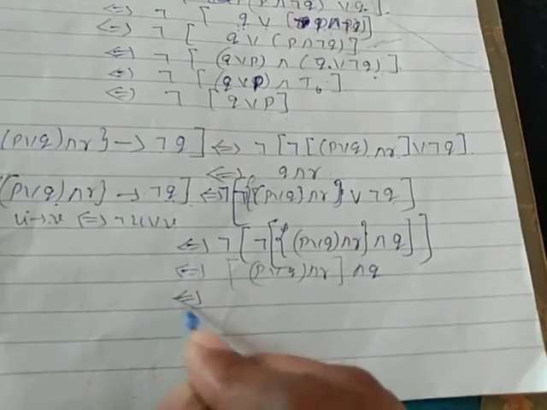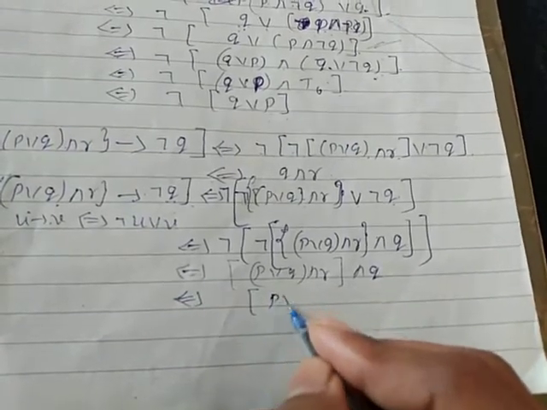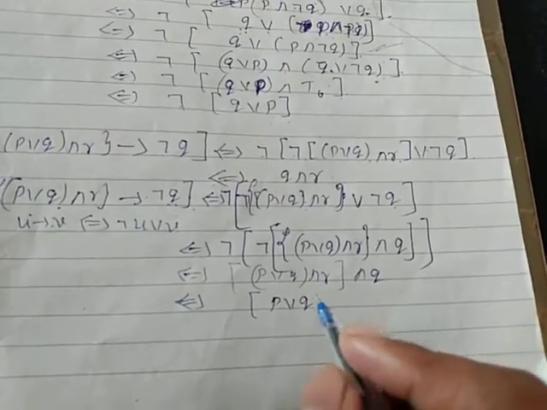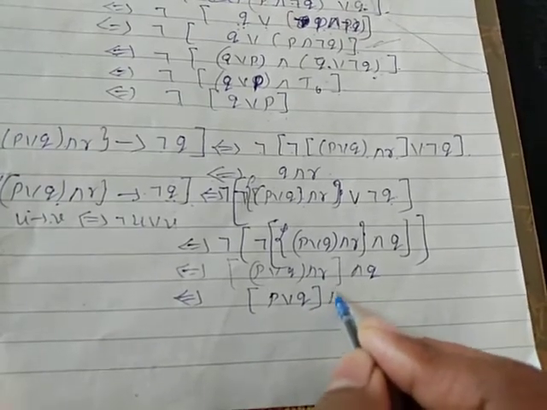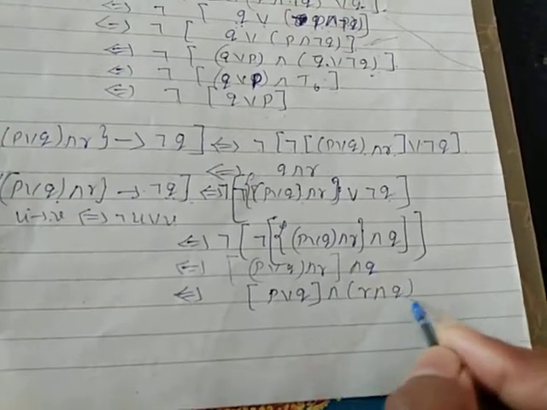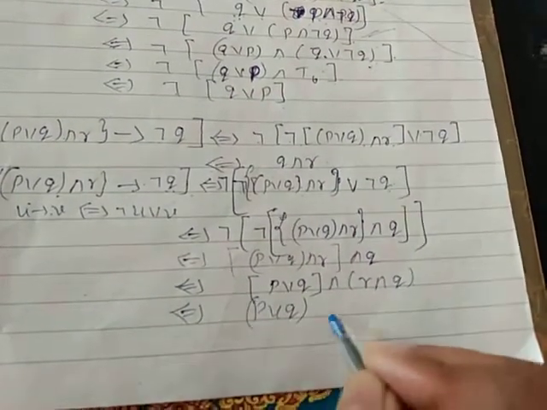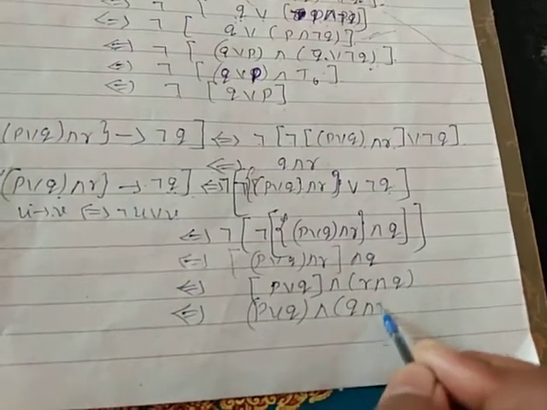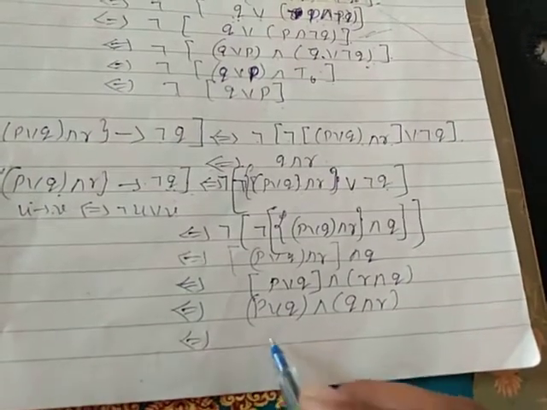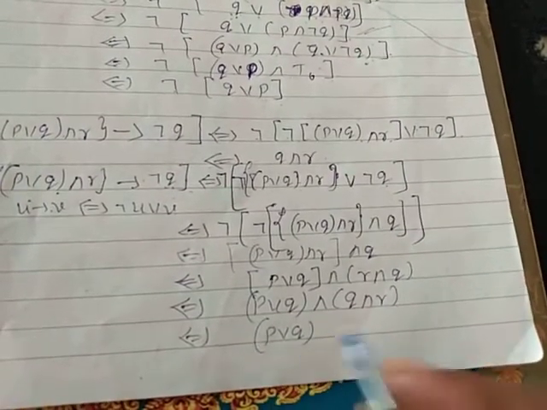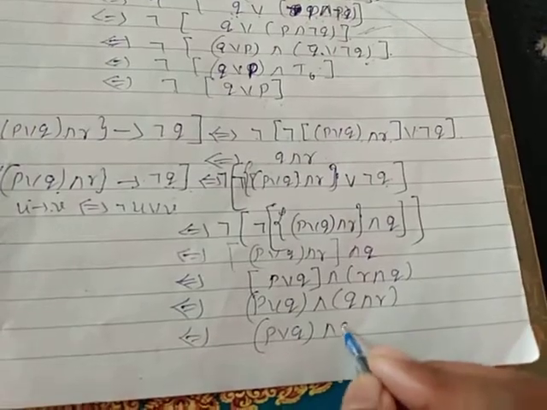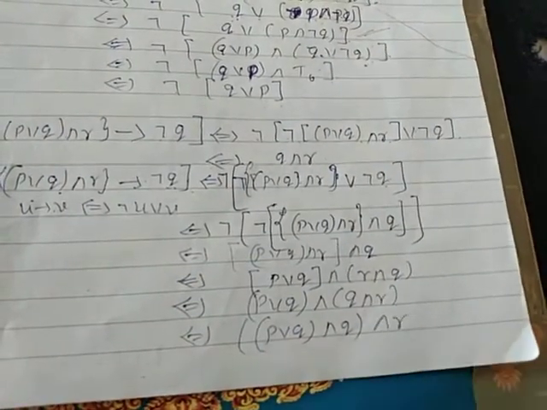Now using the associative law, this can also be written as p or q and r and q. Again using the commutative law, q and r. Again using the associative law, p or q and q and r.